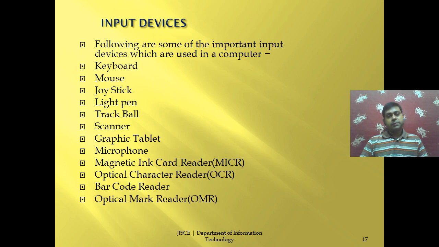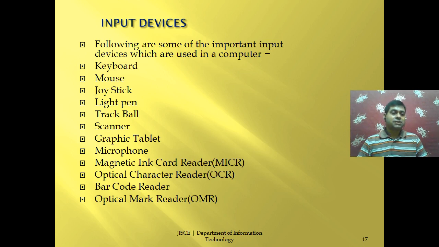Now coming after display devices, there are input and output devices as well. So starting with the keyboard, we all know that we are using 101 keys, a QWERTY keyboard, and that is basically used for entering input in text form or character form.